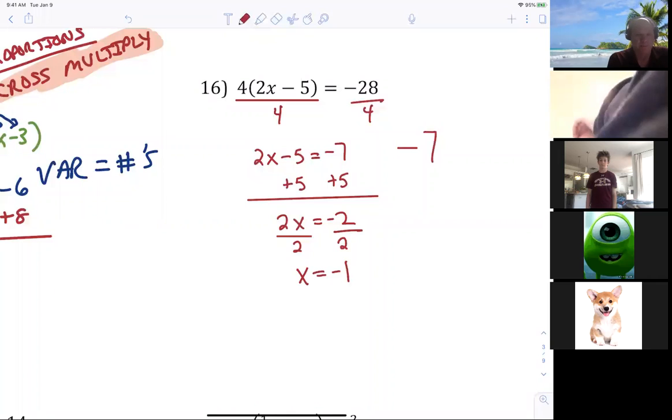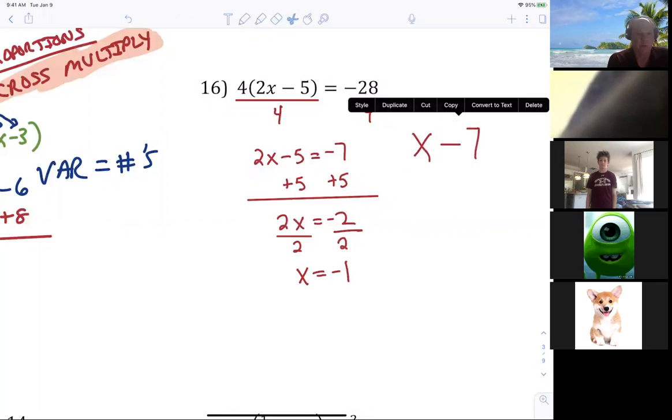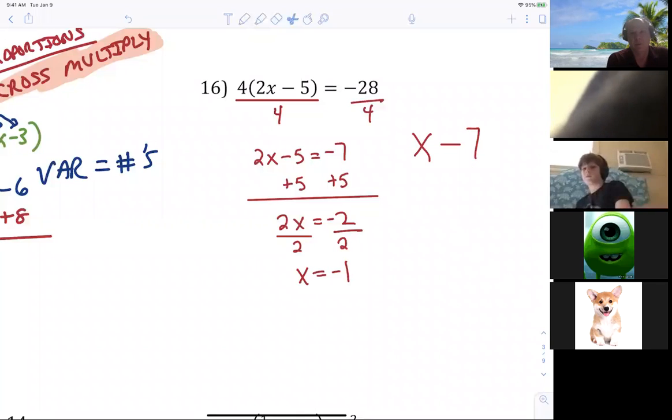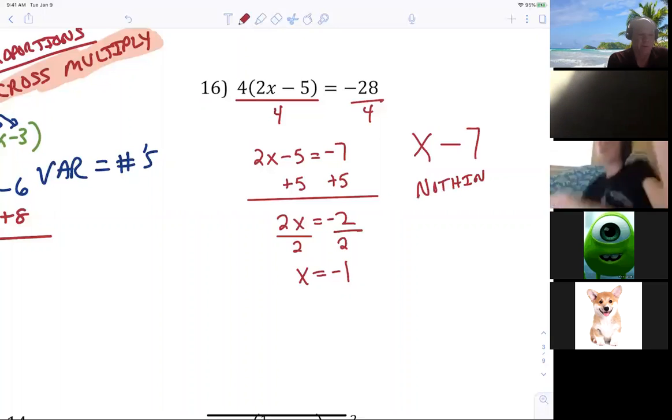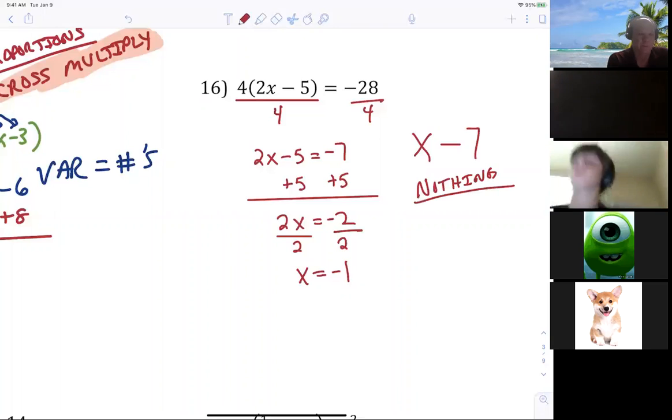What is it now? A negative. Oh, no. We'll read that. Right. So what's the difference between a minus sign and a negative sign? The answer is nothing.